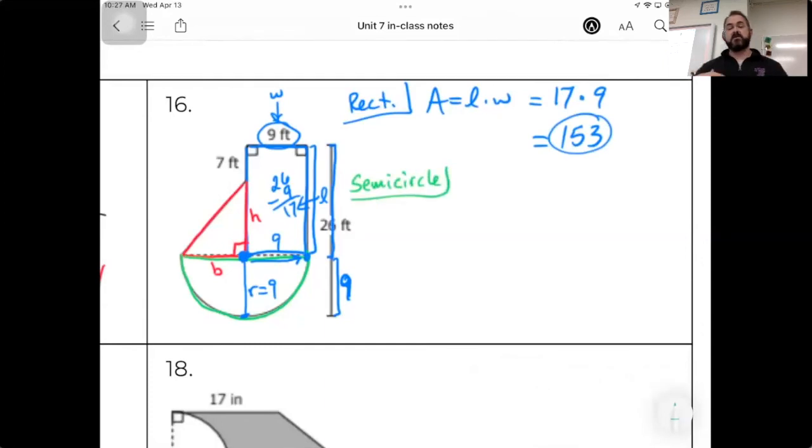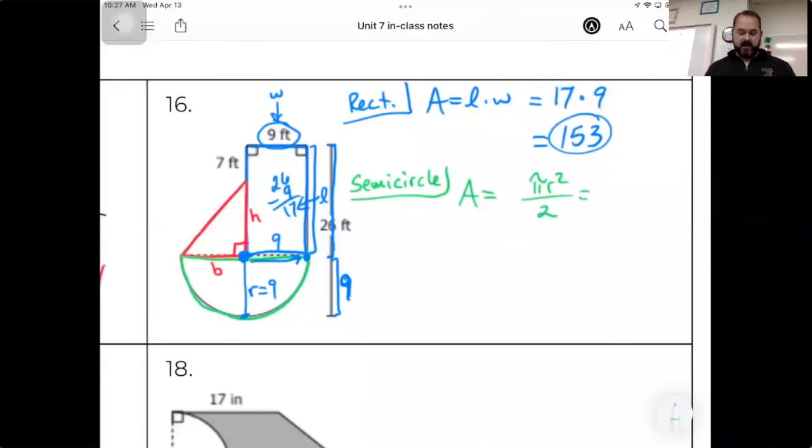For the semicircle, the reason I want to go ahead and do that is because I have the radius now. The radius of a semicircle, okay, imagine if it was a full circle, it would still have the same radius. We're going to use that to find the area of a semicircle. A semicircle is half of a circle. So I can take the area of a circle, pi r squared, and just divide it in half, divide by 2.